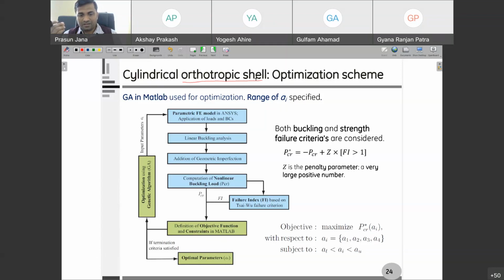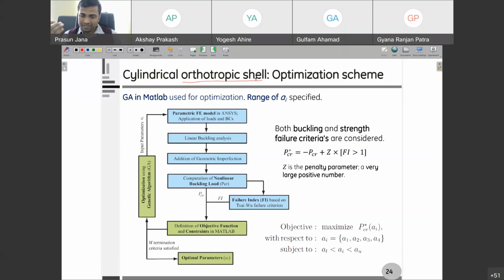It depends on the Young's modulus of the material. For example, for a simple column, the buckling load is pi square EI by L square. So it depends on the material stiffness and some geometric parameters. Material strength doesn't come into the picture.